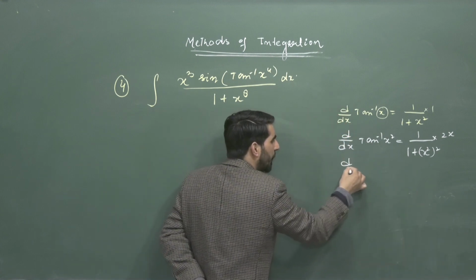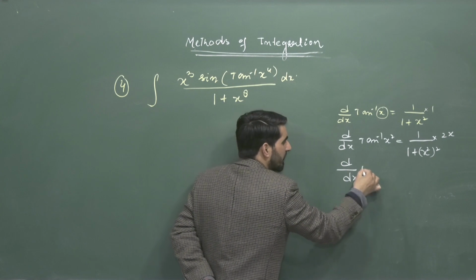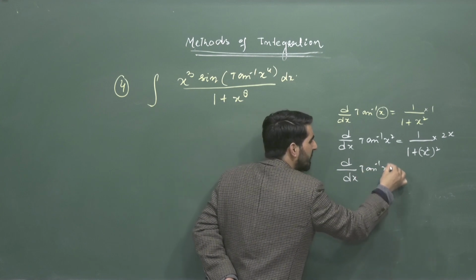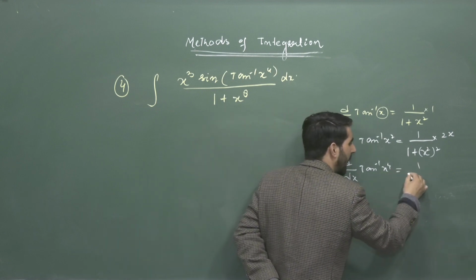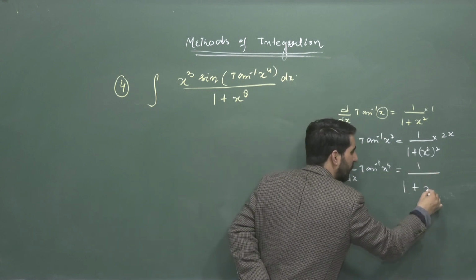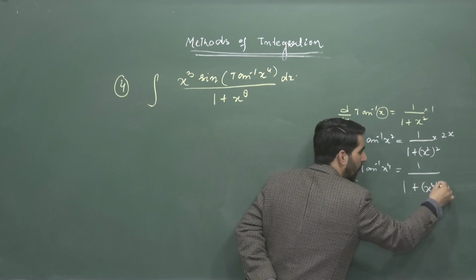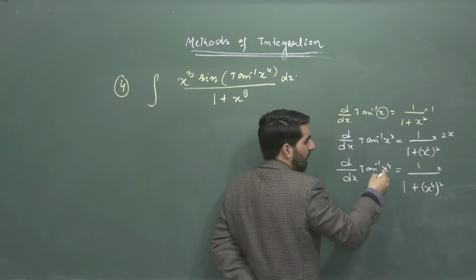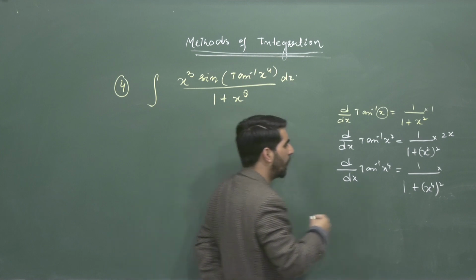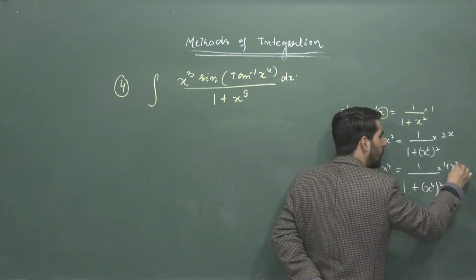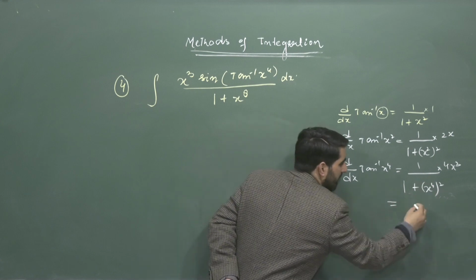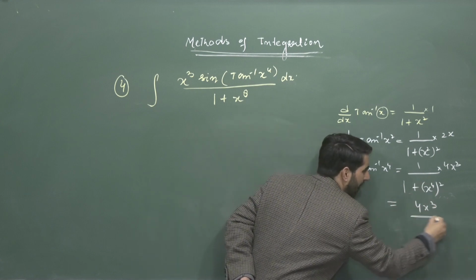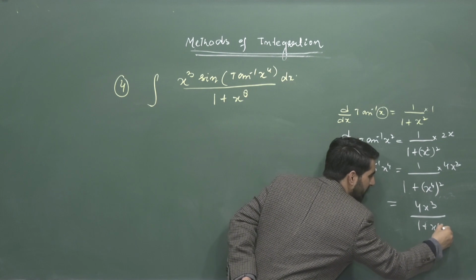Also, if we have to differentiate tan inverse of x raised to power 4, in the same way, we will get 1 divided by 1 plus theta square, x raised to power 4 whole square, into what is the differentiation of x raised to power 4? That is 4x cube. Now, this is equal to 4x cube divided by 1 plus x raised to power 8.